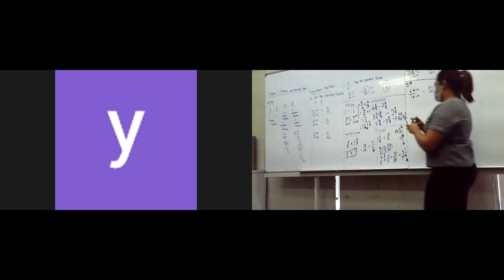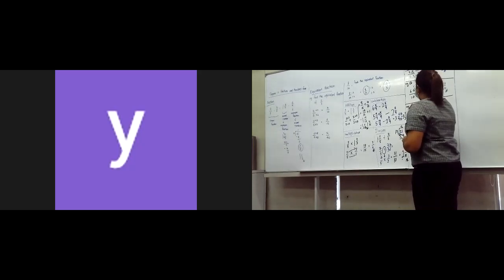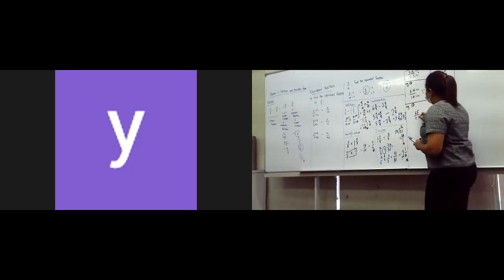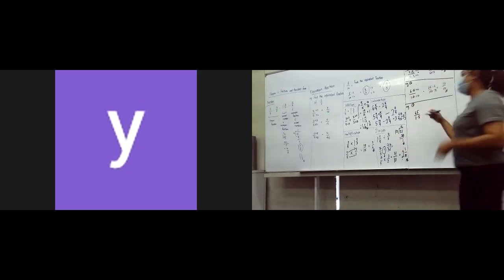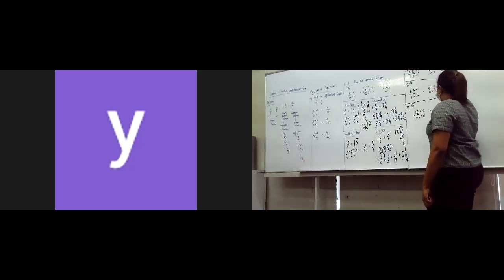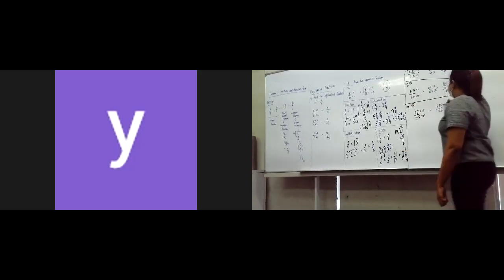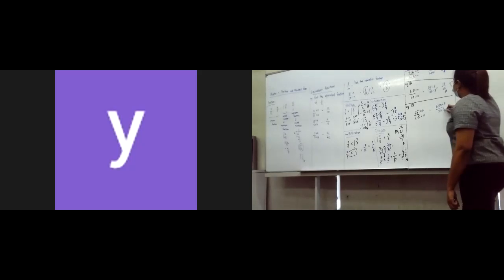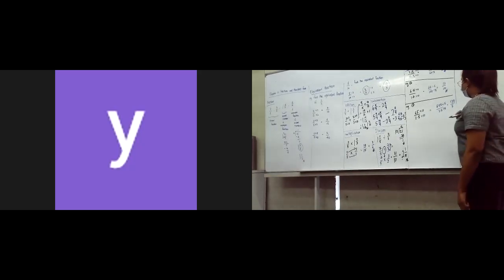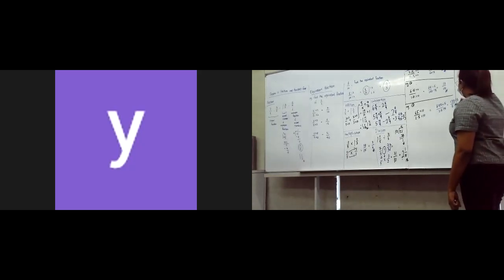Okay, another example. 65 over 2.5. Same thing. Times 10, times 10. 650 over 25. Divide by 5. So 130 over 5. You can divide further, right?